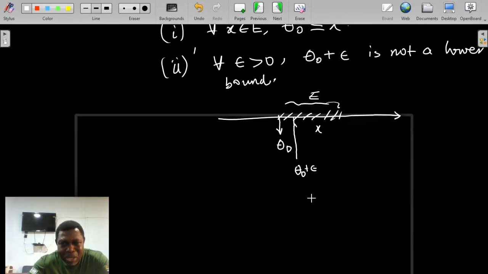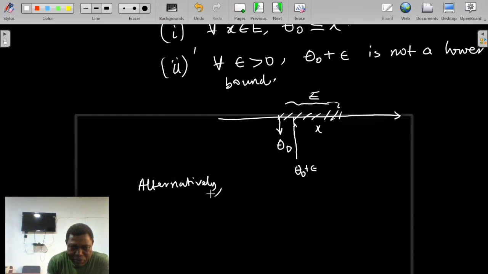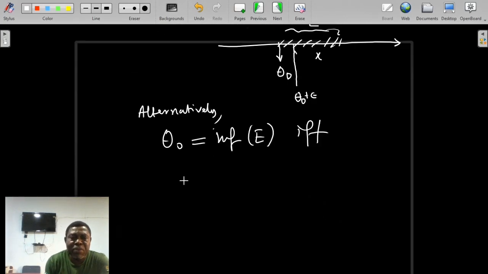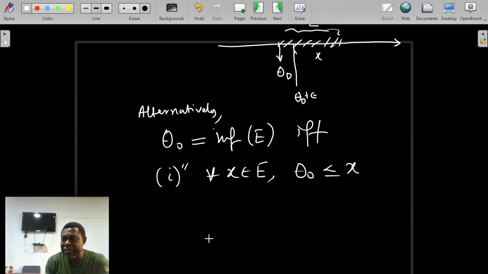Now, to paint a better picture of this, I'll still put alternatively: theta naught equals infimum of E if and only if, I prime prime, for any x we pick in E, theta naught is less or equal to x.